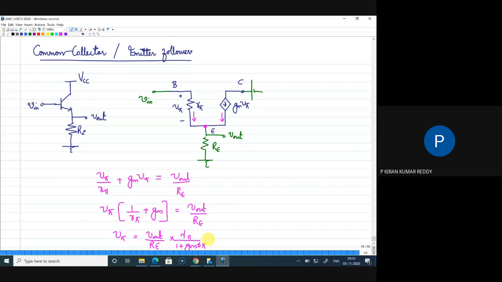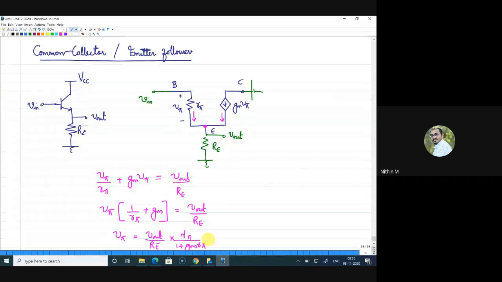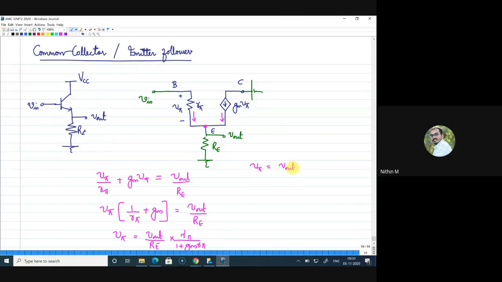Just a sec, sir, I'm looking. All right. Anyone? Yes, Mahesh. GM R pi is beta. All right, yes. So GM R pi is beta. So I can write V pi as V out by RE into R pi by 1 plus beta, right? So this is V pi.